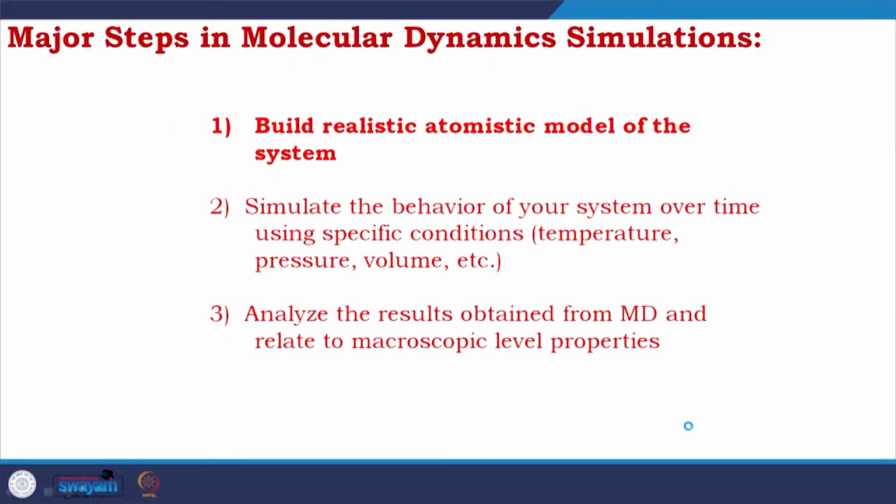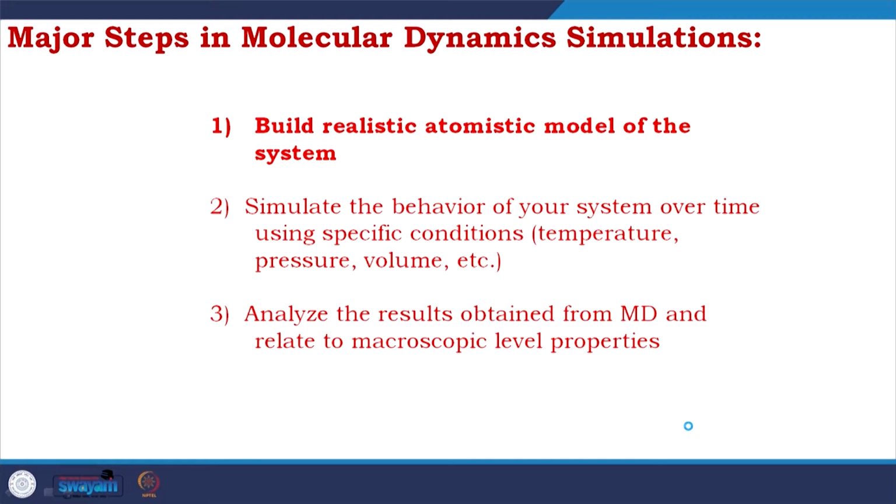So, coming to the process now, the major steps where I finished yesterday, there are 3 major steps. 1, build a realistic atomistic model of the system. 2, simulate the behavior of your system over time using specific conditions: temperature, pressure, volume, etc. And 3, analyze the results obtained from MD and relate them to macroscopic level properties.